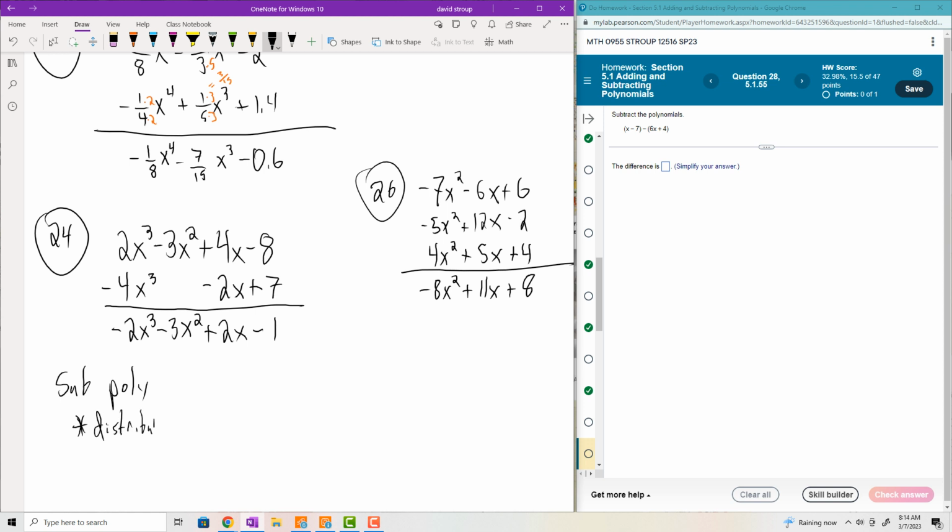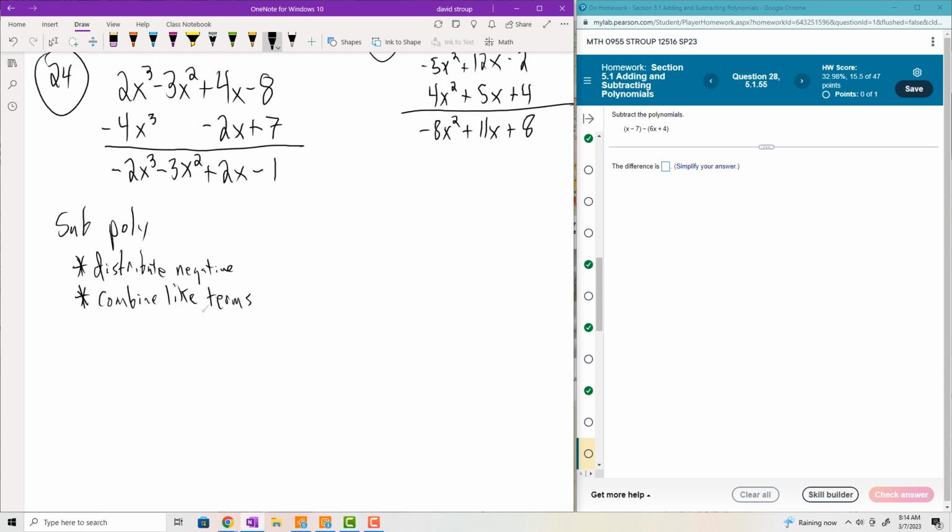I'll show you what I mean there in a sec. So you can't just drop the parentheses at the beginning. You can't play that game. But after you distribute, then you can drop the parentheses and combine like terms. So the only real difference is there's this additional step where you have to distribute a negative.